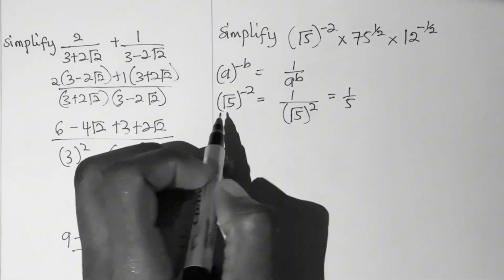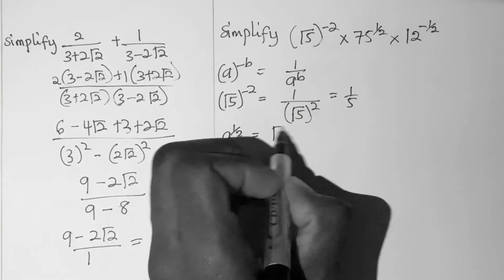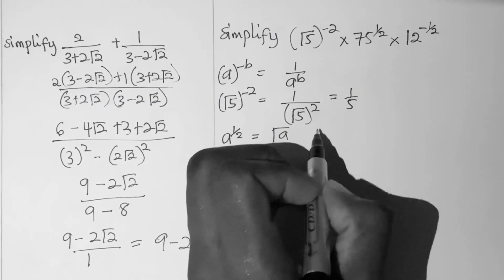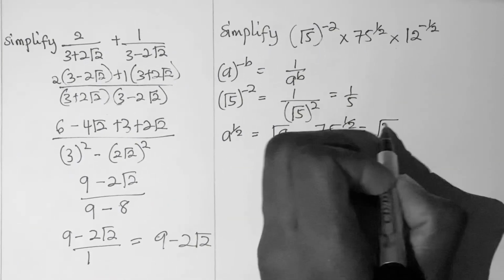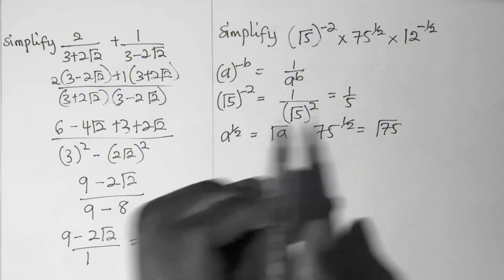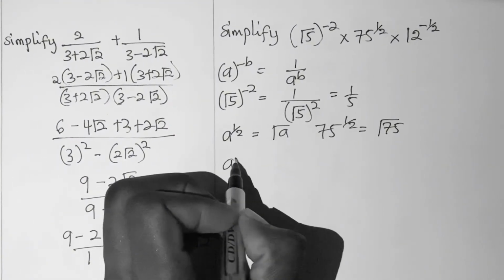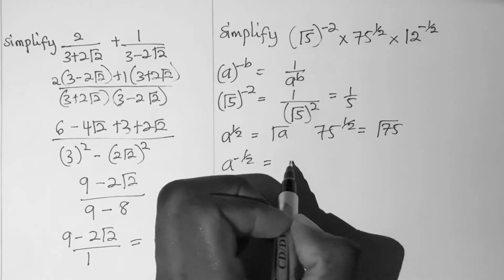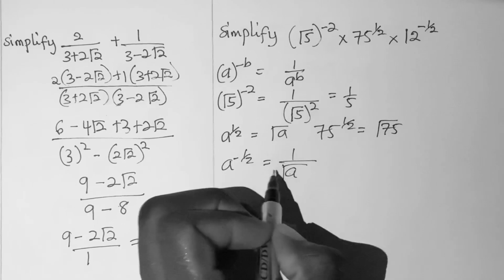Then now, if you have a number like a exponent half, it is the same as square root of a. And therefore, 75 exponent half is equal to square root of 75. Now, if you also have another number, a exponent minus half, it is equal to 1 over square root of a.